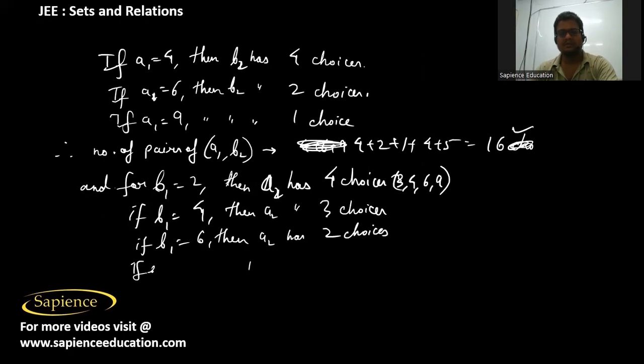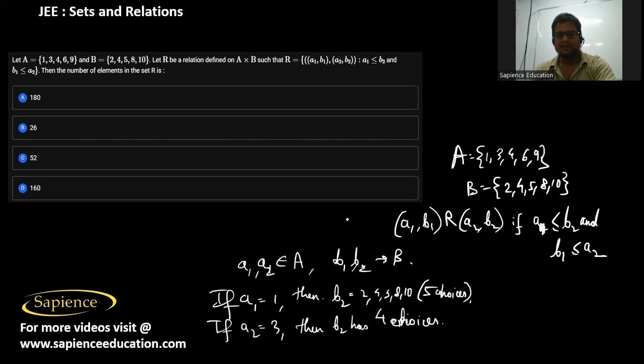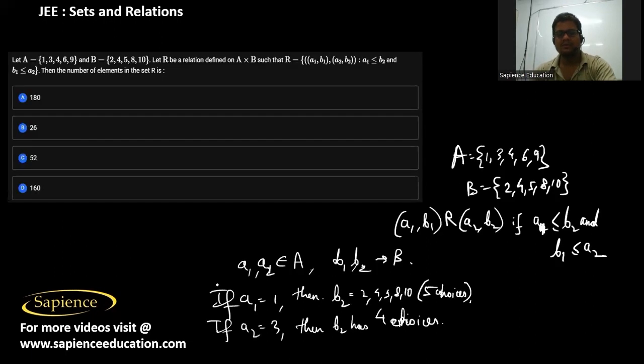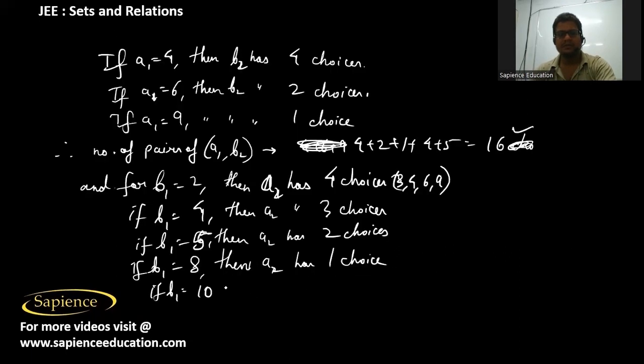No, no, B1 cannot be 6, B1 can be 5. So if B1 is 5, then also a2 has 2 choices. Then if b1 is 8, then a2 has 1 choice. And if b1 is 10, then a2 has no choice.